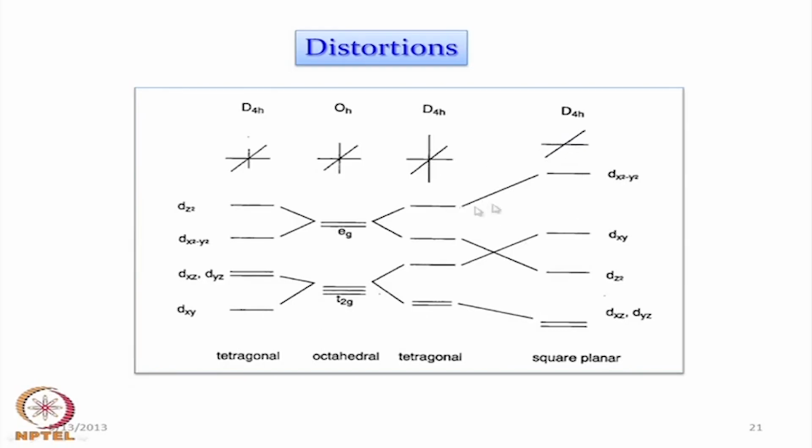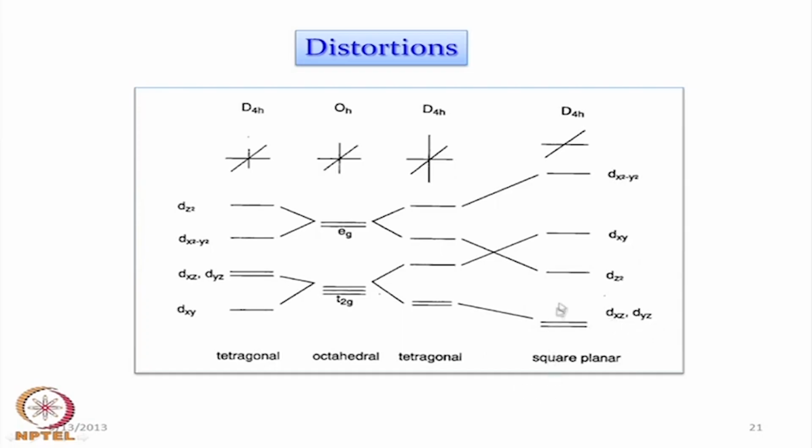And we have further destabilization of the dx square minus y square orbital and further stabilization of dz square, because we don't have any interaction along the z axis. And that gives rise to further stabilization of the dz square orbital, and at the expense of that stabilization we have destabilization of the dxy orbital and stabilization of dxz and dyz.